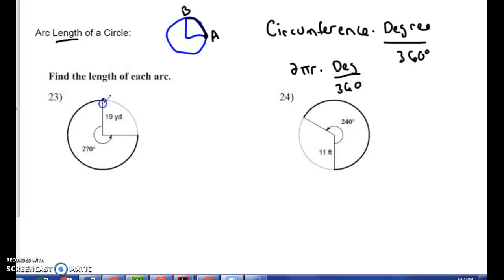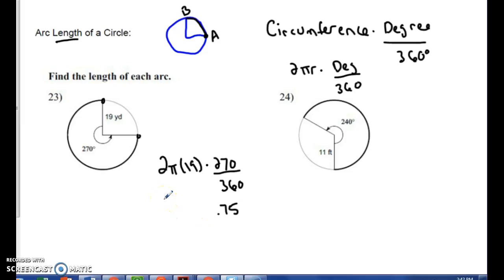So I want to figure out from here to here, knowing that I traveled 270 degrees, how many yards did I travel? So what I'm going to do is take the circumference, which is 2 pi r, and multiply it by 270 over a whole circle of 360. I'm not going all the way around the circle. I'm just going a portion, 270, which is the same thing as 0.75 of the way around the circle.